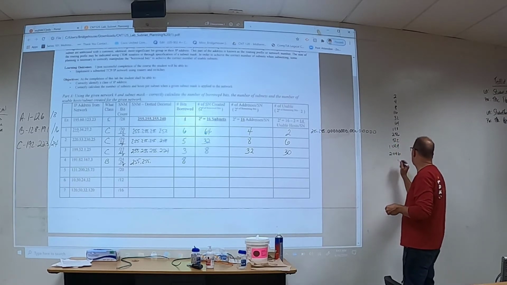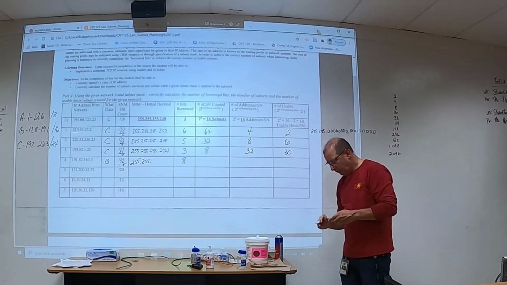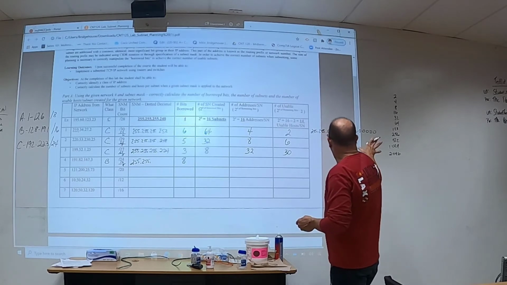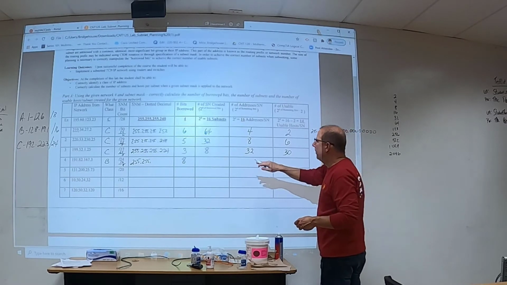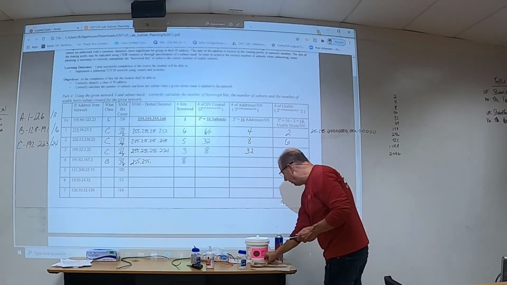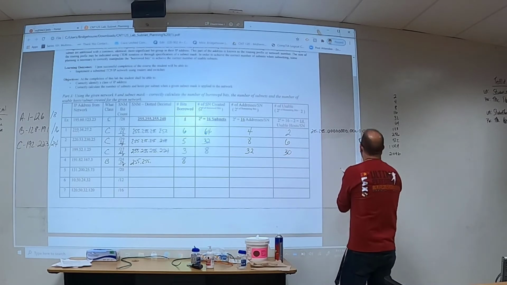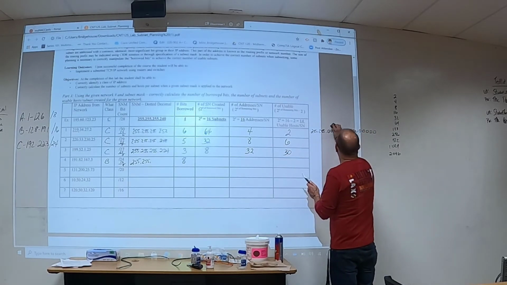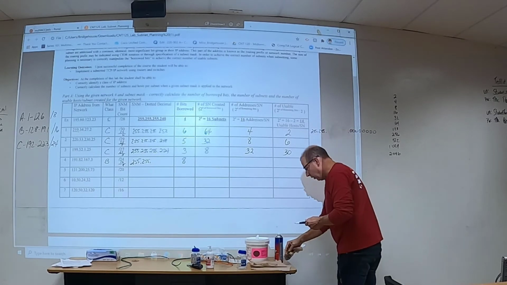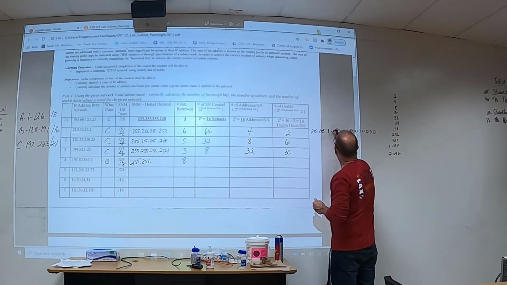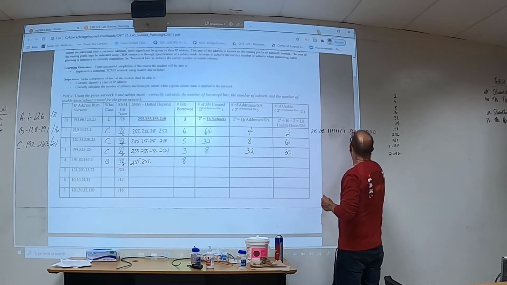I think it's 4,096. Okay. So in this case here, we borrowed 8 bits, which means we borrowed this entire octet right here. So 1, 2, 3, 4, 5, 6, 7, and 8.